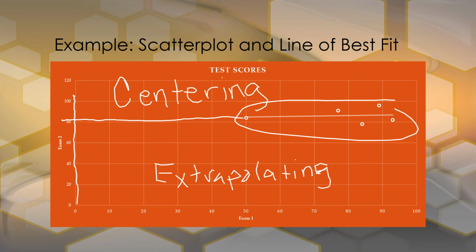So centering is a good option when x equals 0 is kind of meaningless. It's not a good choice to look at that point on the line. But if 0 kind of makes sense for that example, for that problem, then you don't have to center. But sometimes centering helps when the intercept's not very meaningful.